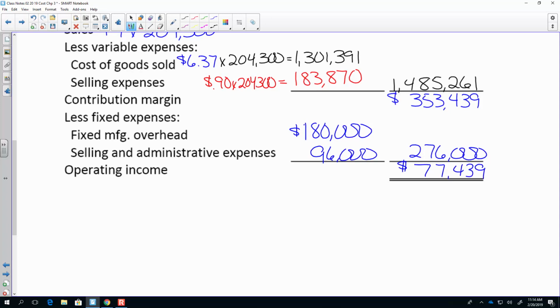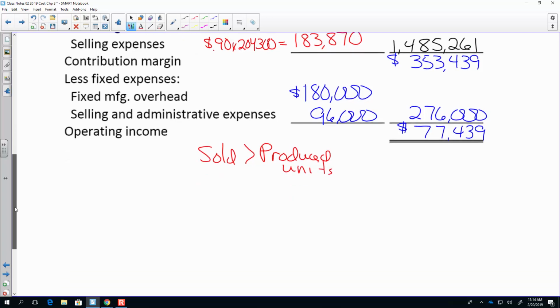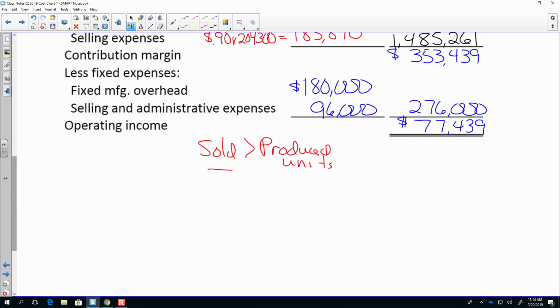So we just proved that if our sold units are greater than our produced units, which is what we have in this scenario, the variable income is larger than the absorption income.